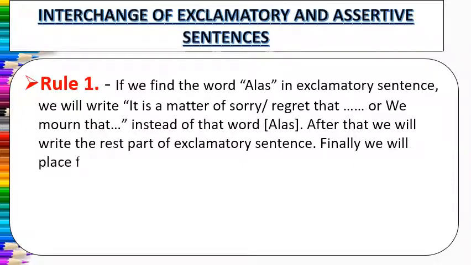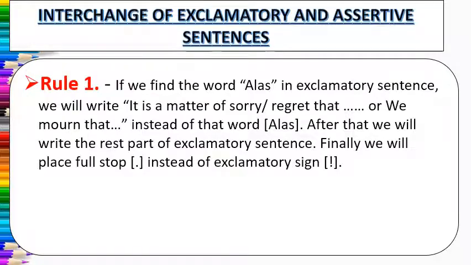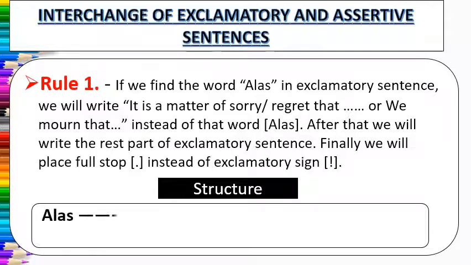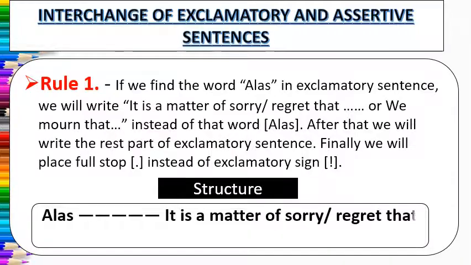Finally, we will place full stop instead of exclamation sign. So, the structure will be alas, then whatever the part is there, it is matter of regret that, or we mourn that.